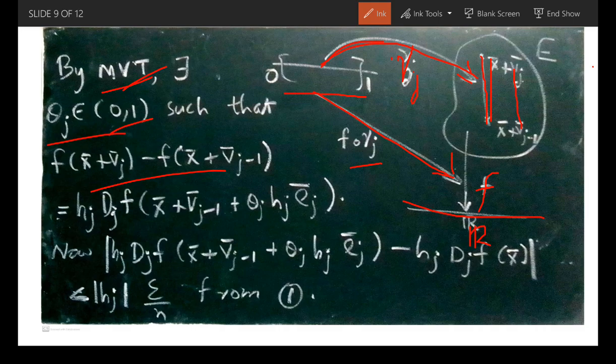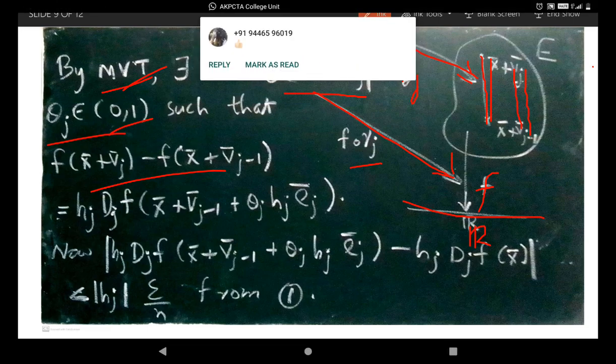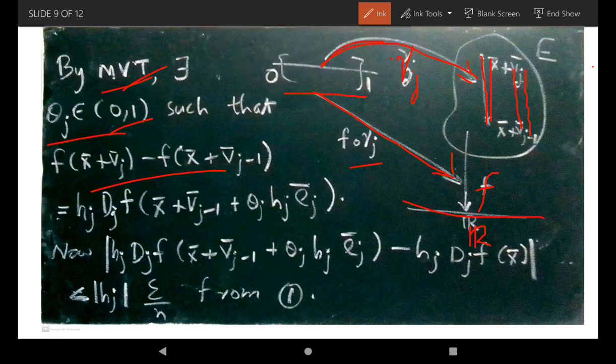So what is b minus a? It is the length of that interval. Here, what is the length of this segment? It is precisely norm of x plus vj minus x plus vj minus 1. So x and minus x cancel, and you have norm of vj minus vj minus 1. But what is vj? It is the n tuple h1 etc., hj, comma 0, 0, etc., 0. And what is vj minus 1? It is the tuple h1 etc., hj minus 1, comma 0, 0, etc., 0.